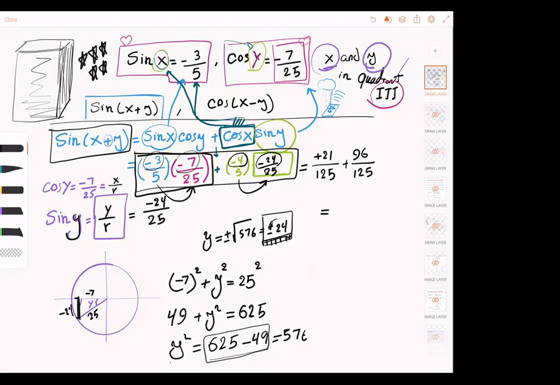So this equal to 125, 96 plus 21 gives us 117 over 125. So this is the final answer that you guys can circle to get points.